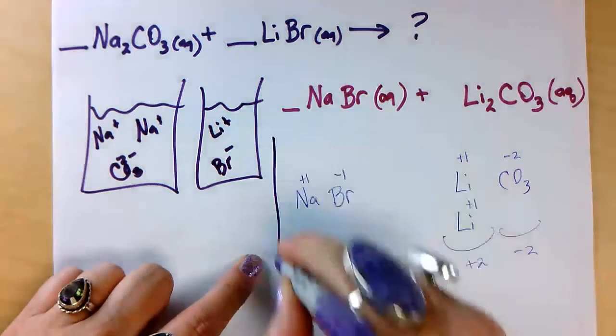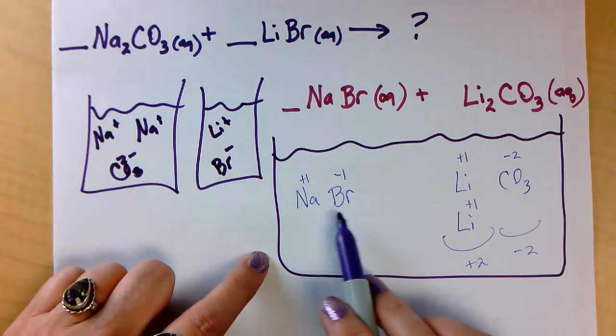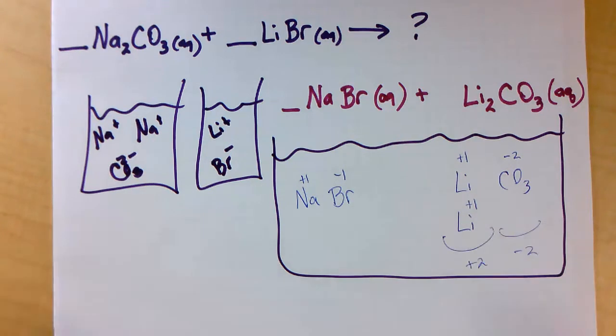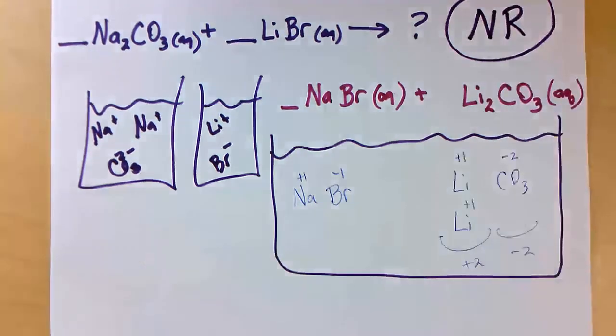And I ended up with a beaker with Na plus and Br minus floating around and Li plus, 2 of them, and a CO3 2 minus floating around. So everything's still floating around. So did anything actually happen? No, everything is still just floating around. This is actually a no reaction.